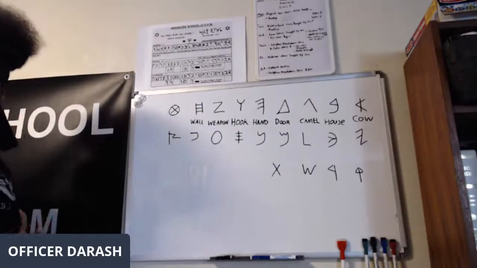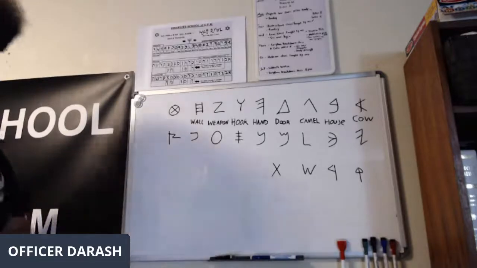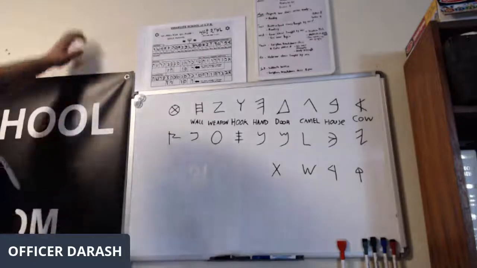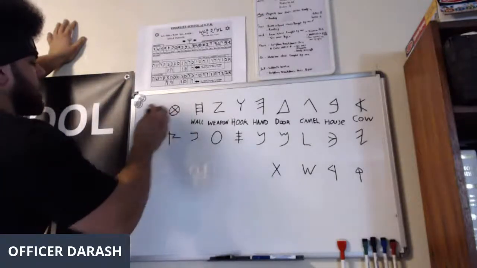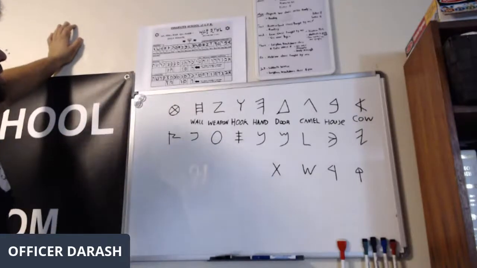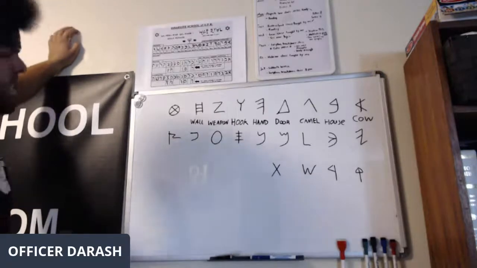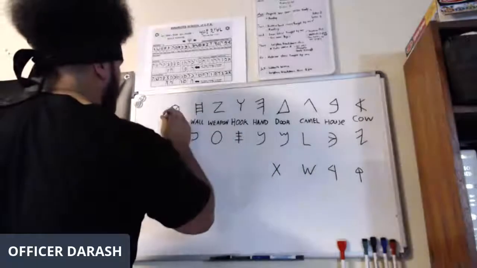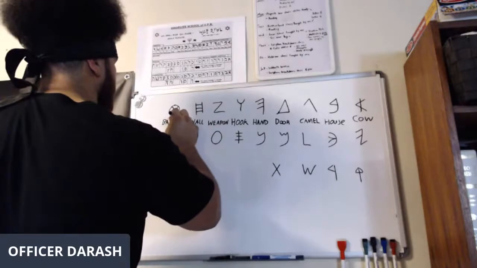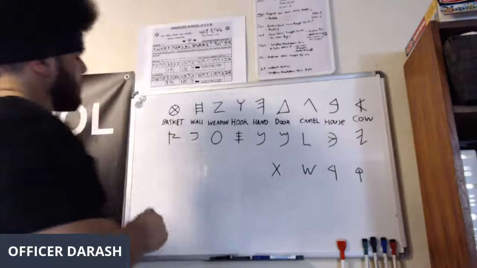Wall is kama, all right? Next one, the ta, which is tana. That means basket. Because basically it kind of looks like a basket, all right? Like the inside of a basket. That's what it's called, basket. All right, that's the tana.